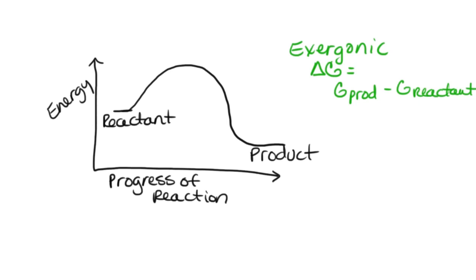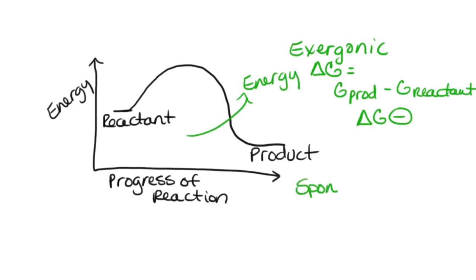So what that means is that overall, the delta G is definitely going to be negative. Another thing that means is that energy is going to be yielded in all of this, so we would actually see energy come out. And we could also say that this is going to be a spontaneous reaction. So all of those things would apply to an exergonic reaction such as we have here.